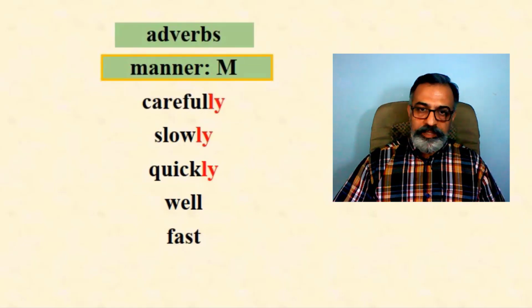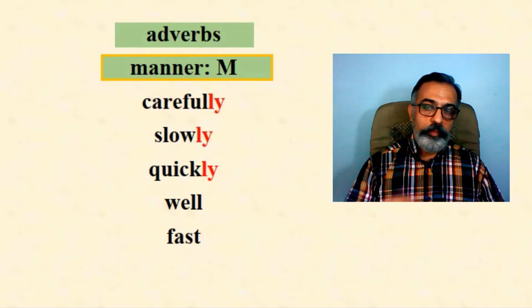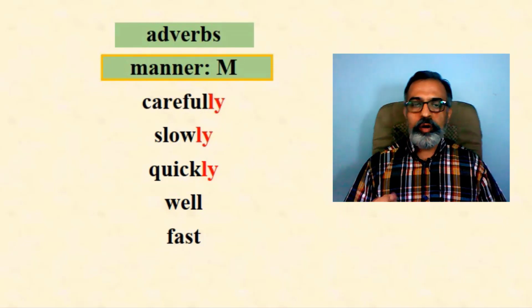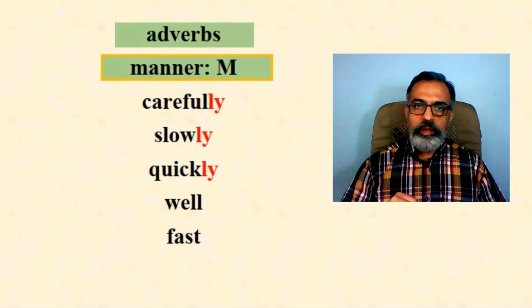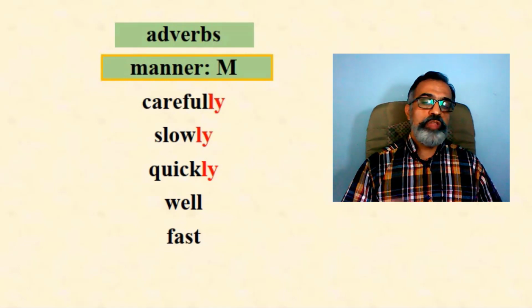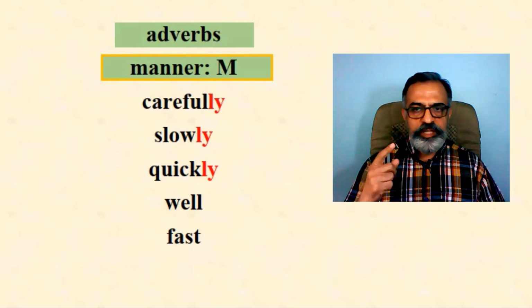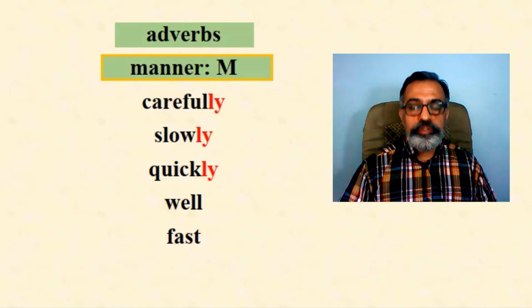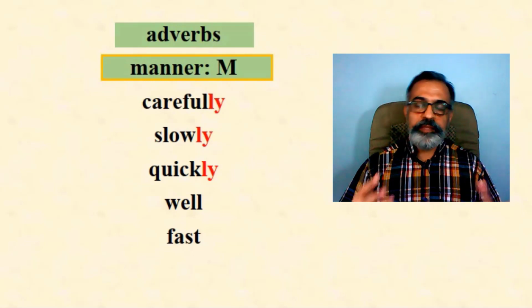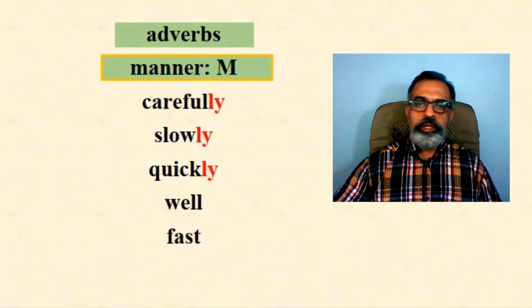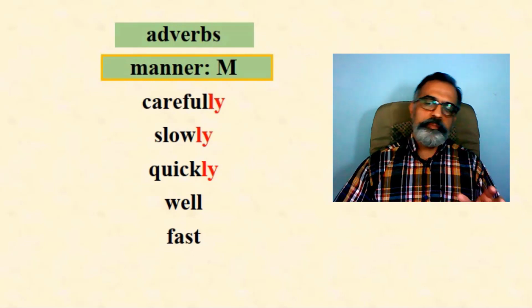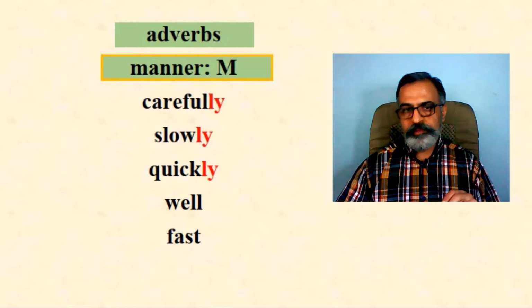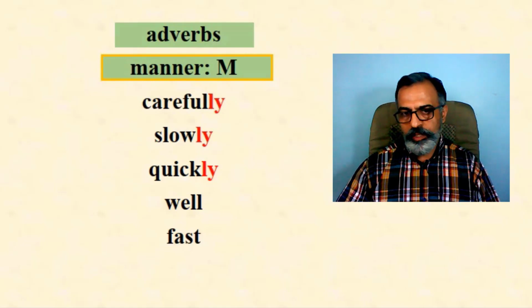Another part of a sentence that can give us more information are adverbs. Adverbs can be divided into three main parts. The first one, manner. Adverb of manner shows how, in what way the verb is done. Most of them have ly at the end, like carefully, slowly, quickly.